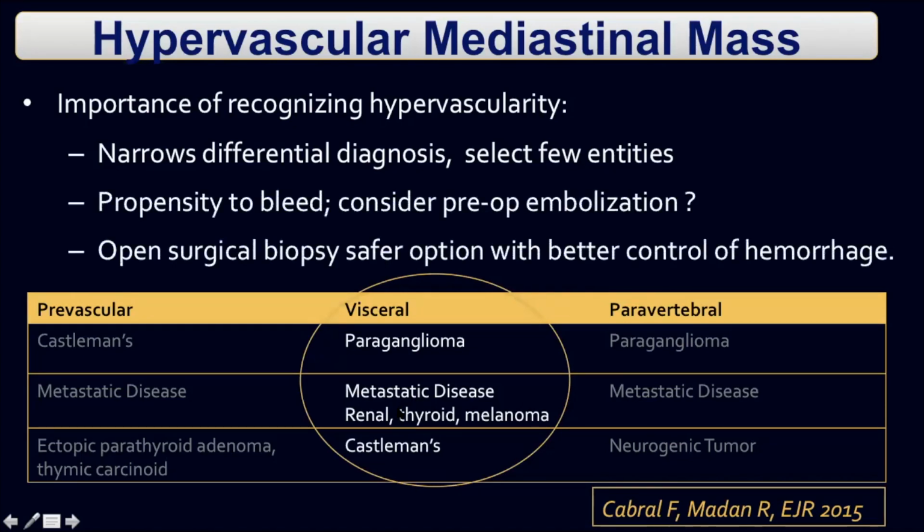But more importantly, hypervascularity entails a propensity to bleed, so you should consider preoperative or pre-surgical embolization in these patients. And know that open surgical procedures are actually safer options and will allow better control of hemorrhage in these patients.